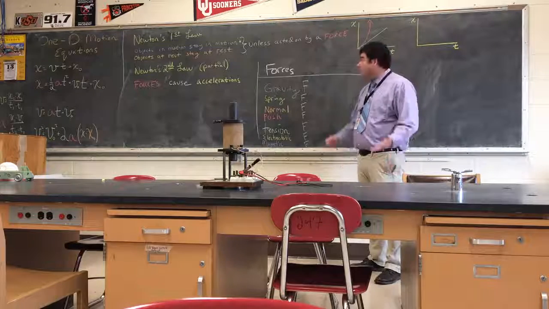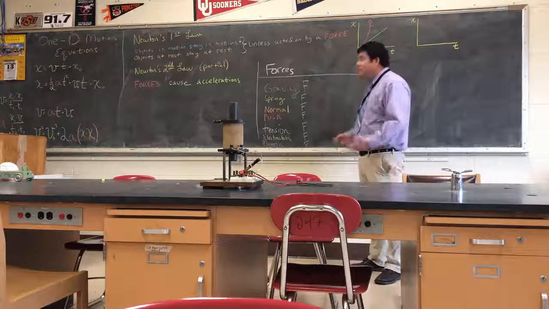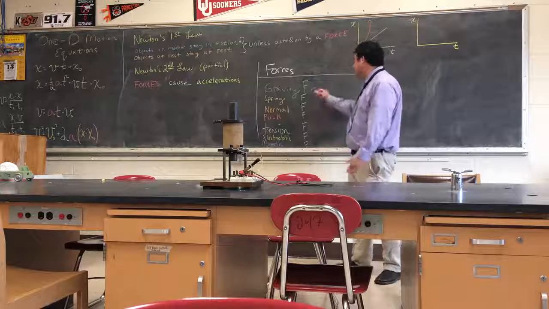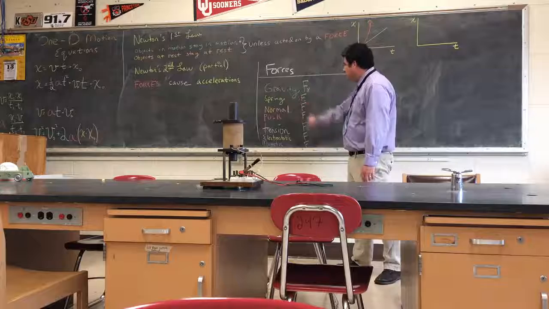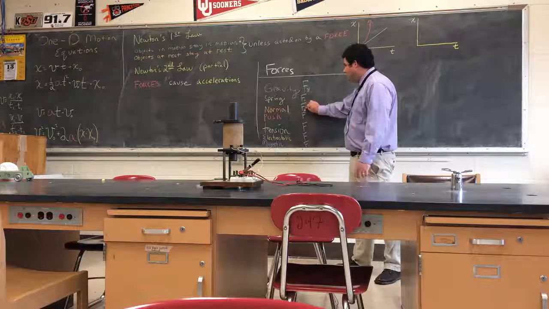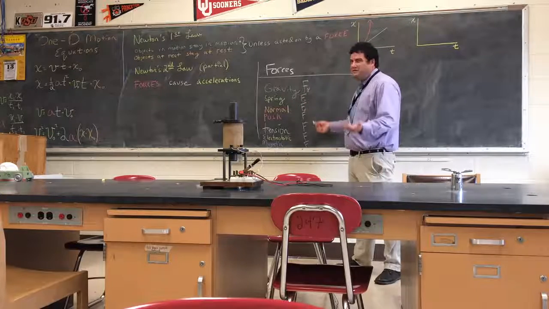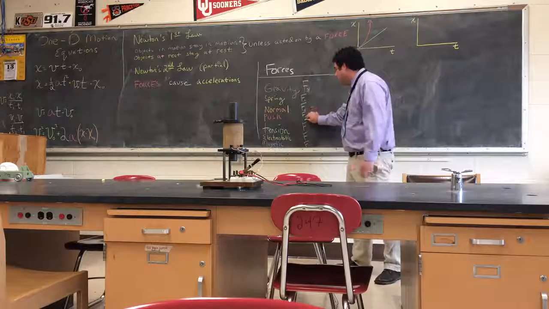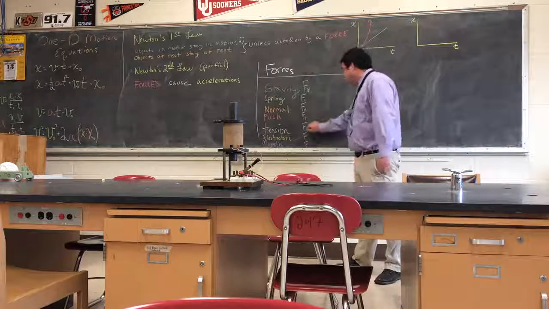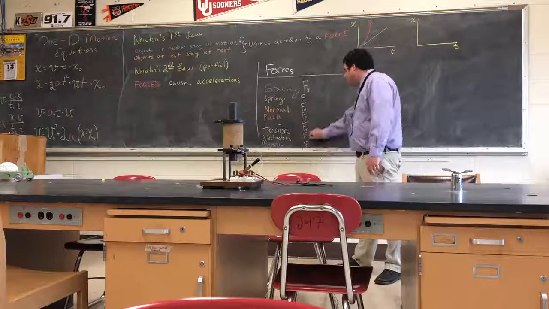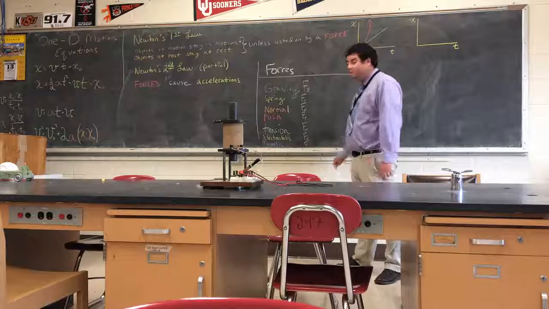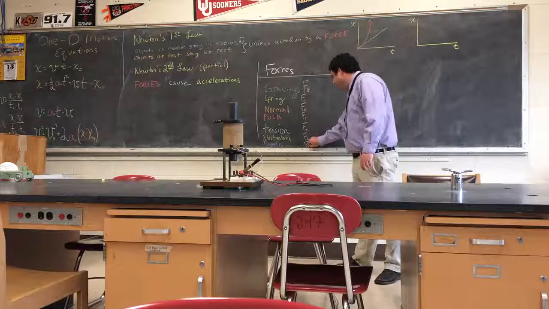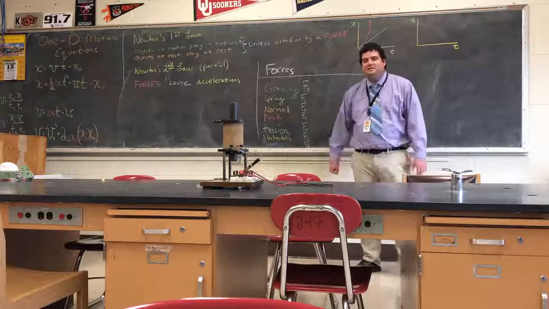Some of them make sense, others not so much, but they'll help us identify what force it is. Force of gravity is Fg. Force of the spring is Fs. Normal force is Fn. Pushing force, you can just call F, or you can put a little P on. Tension force is Ft. Electrostatic force is Fe. And my favorite, magnetic force, is Fb. And when we study magnetism, I'll tell you why.